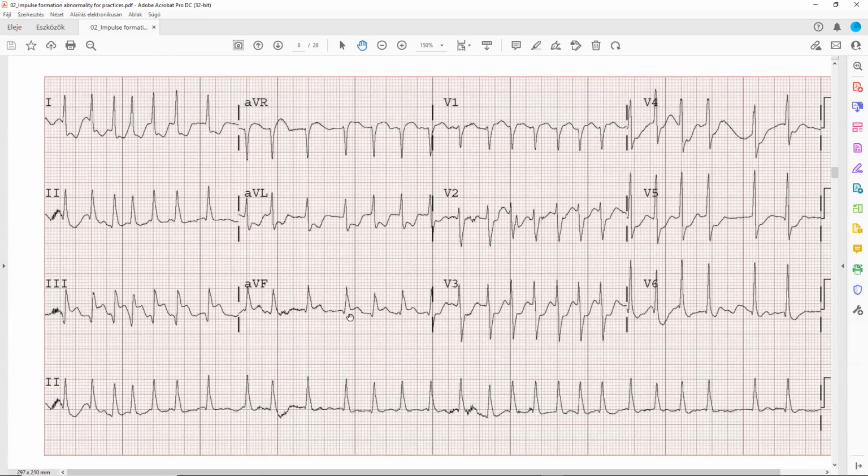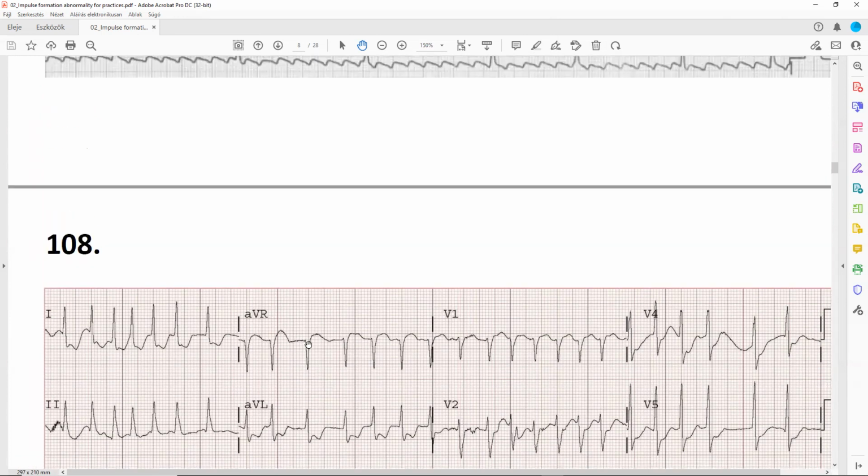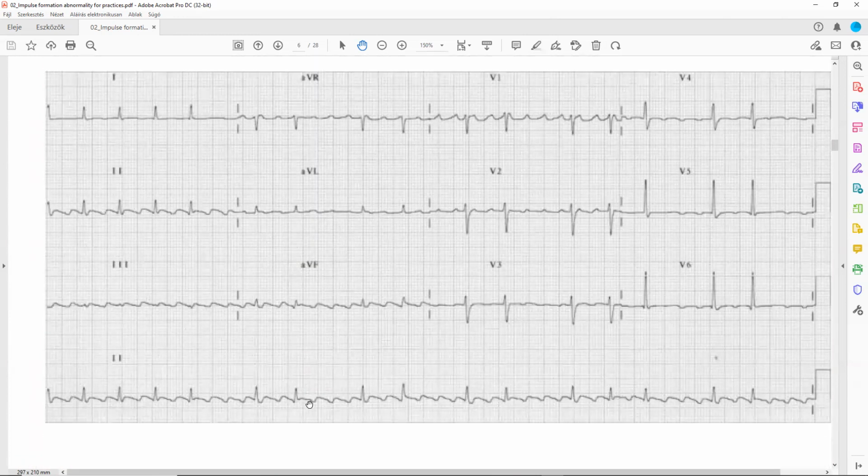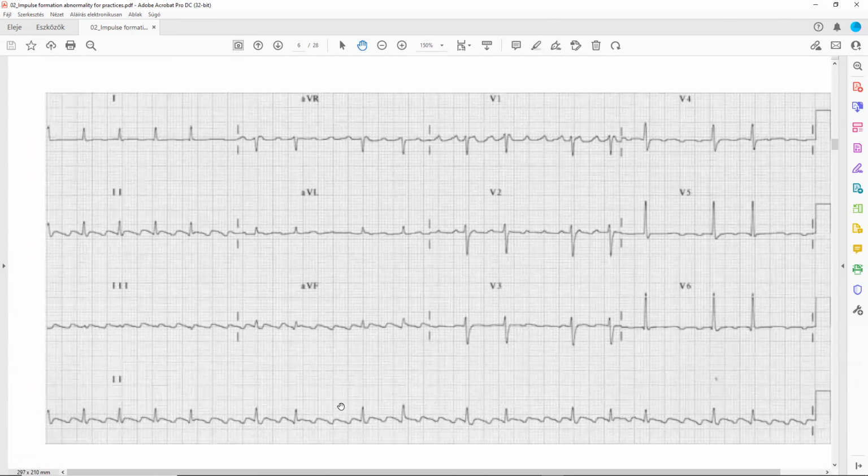Can I ask regarding 106? We said it's an atrial flutter. This is not atrial fibrillation. 106, yes, that's a flutter. See, can you see the saw waves? Yes, but it's arrhythmic. A flutter can be rhythmic or arrhythmic. Fibrillation is always arrhythmic.